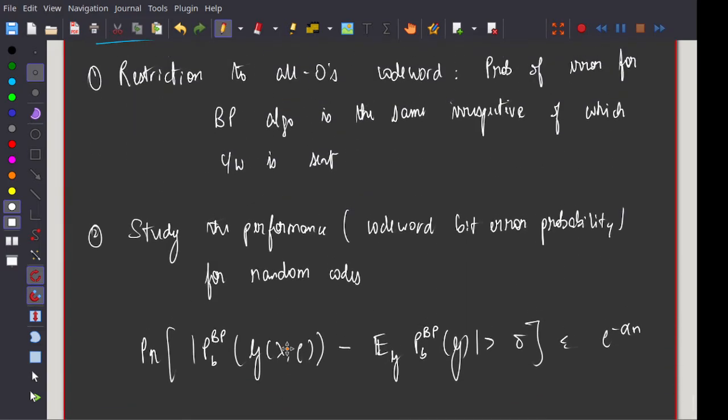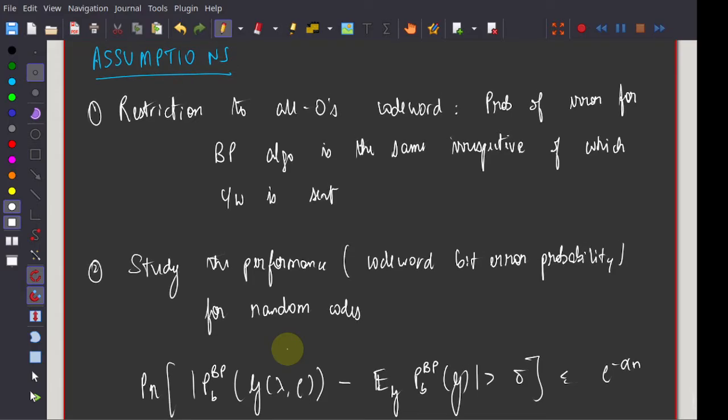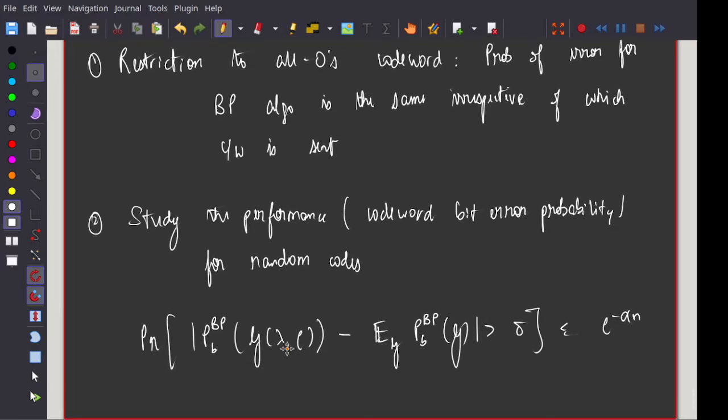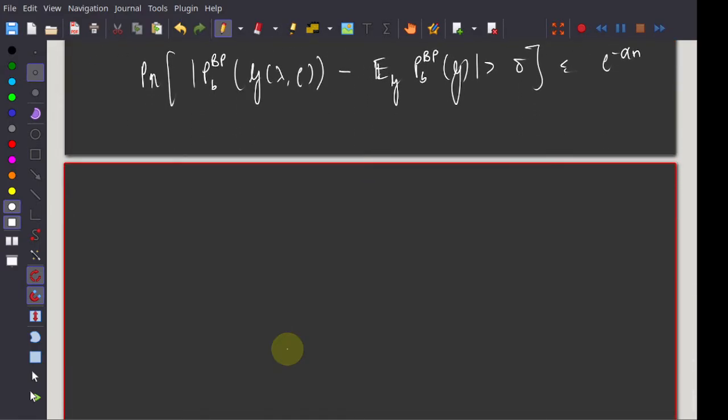So this is the first high level simplification or assumption that we'll make. We'll make further simplifications. Right now we have gone down from specific LDPC codes to an ensemble of LDPC codes, but even analyzing the ensemble is not too easy. The nice thing is that the belief propagation algorithm is a local algorithm. It just takes messages from its neighbors, then sends them to all the other neighbors.